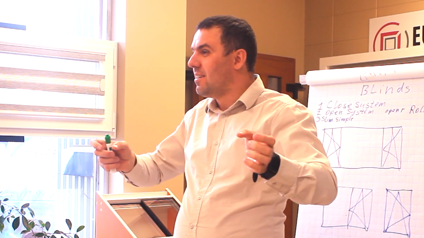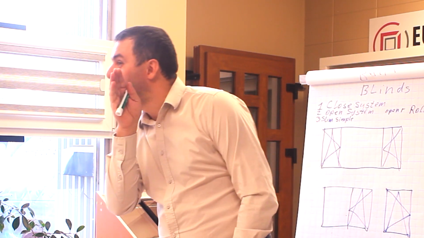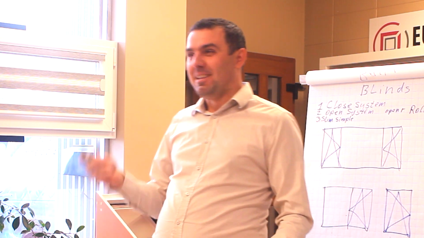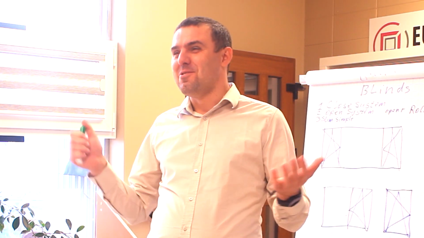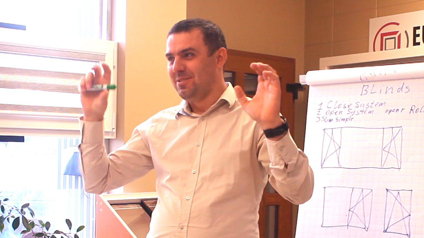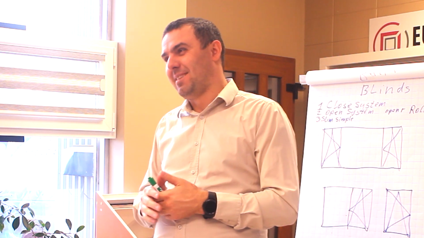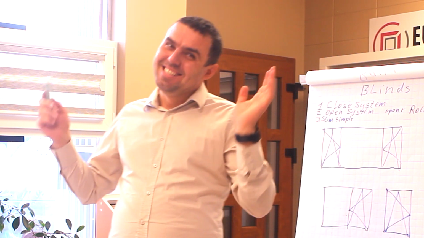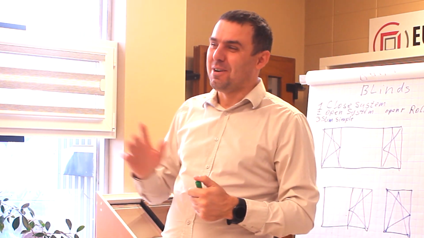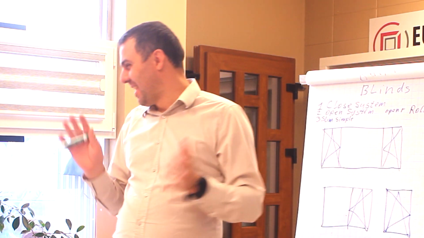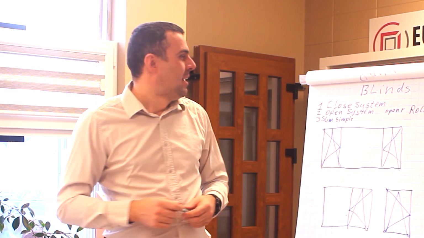If I have the guides on the sides, I wouldn't be able to do that. That was her argument. So on the openable windows we did a closed system, and on the picture window we did an open system. She just likes to look outside when nobody's watching her. So you have different people.